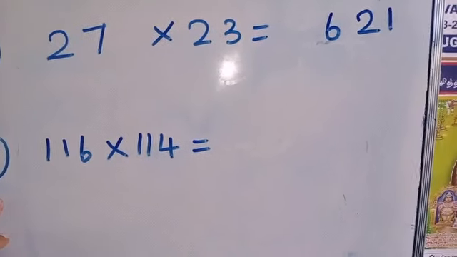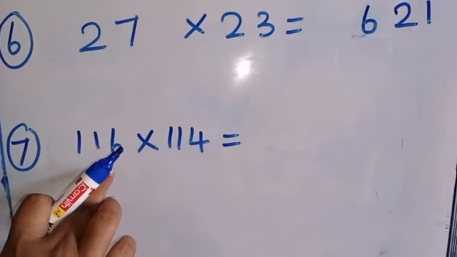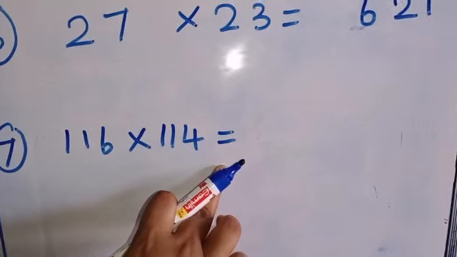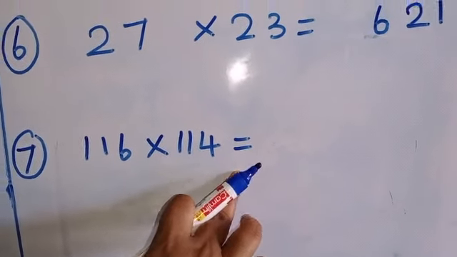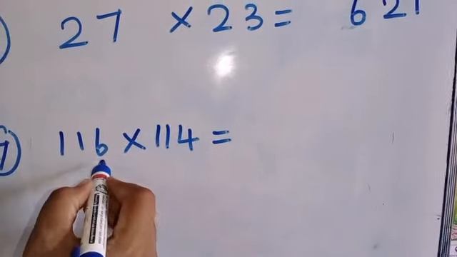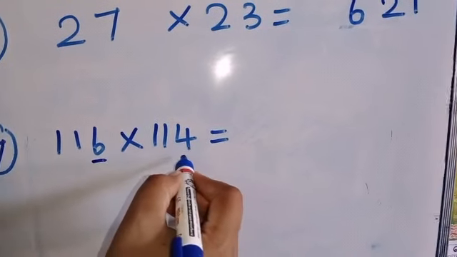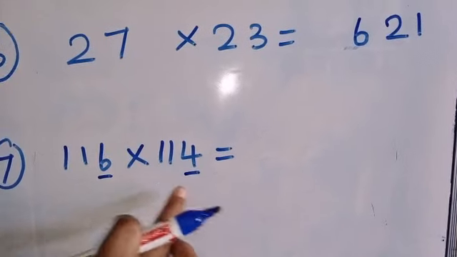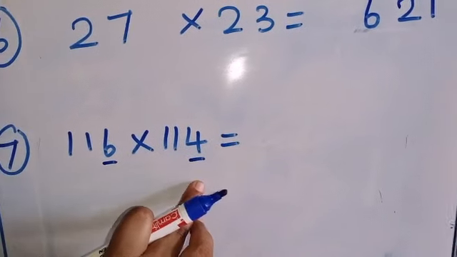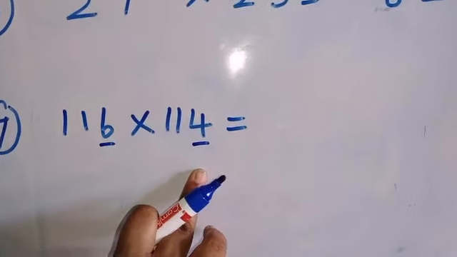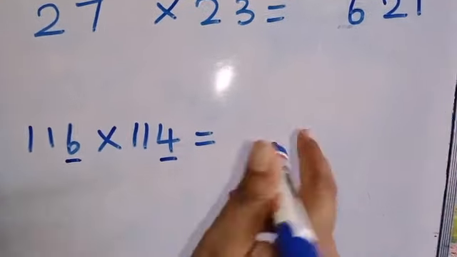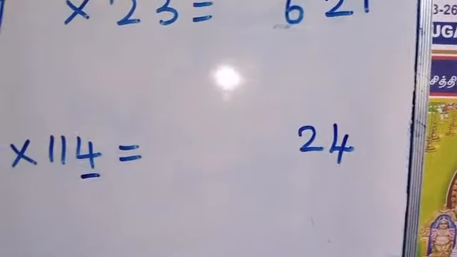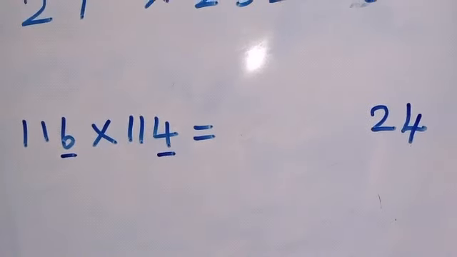Next, seventh sum: 116 into 114. Here the last digits are 6 and 4. 6 fours are 24.